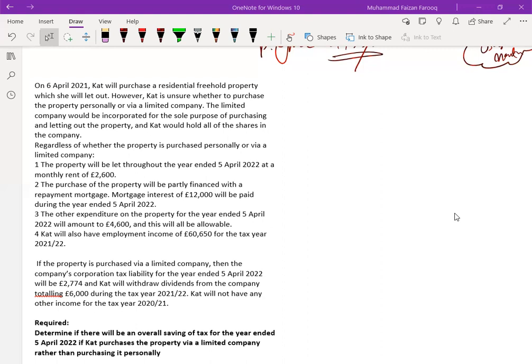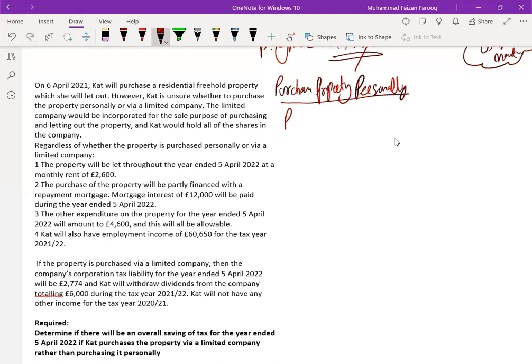Now the first one is purchasing the property personally. I am assuming he is purchasing the property from his own money, no company involved. First we calculate the property income.